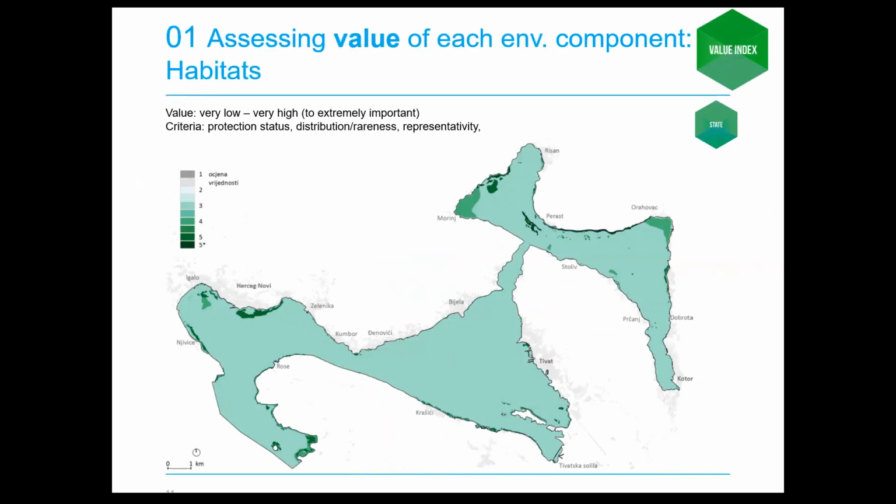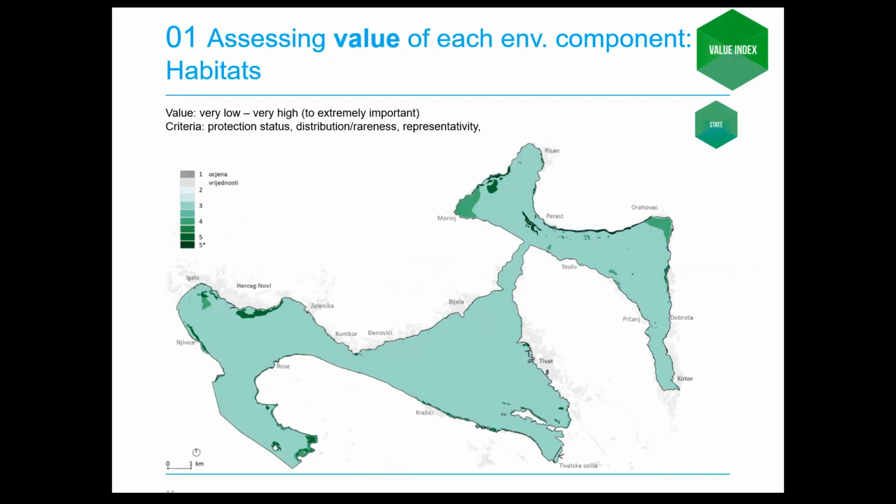So this is the map showing the value of the habitats or the environment. For each individual environmental component, we mapped it, and by using different criteria and expert opinion, we provided a value on a scale of 1 to 5.